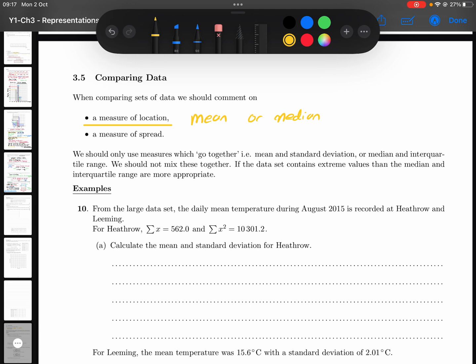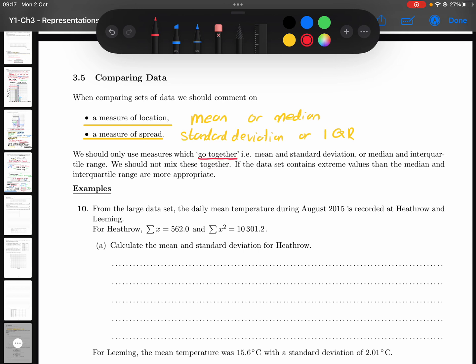We will also be looking at how spread out the data is, the variance, and we'll be using key statistics like the standard deviation or, for example, the interquartile range. It's important to note that when we compare two data sets, we should always use measures which go together.